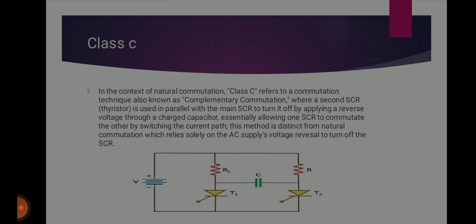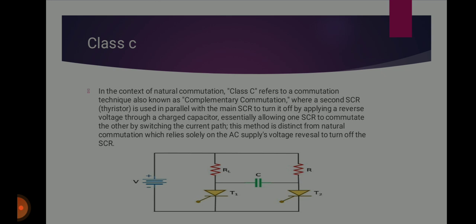In this figure, the thyristor turns off the main SCR by applying a reverse voltage through a charged capacitor, switching the current path.